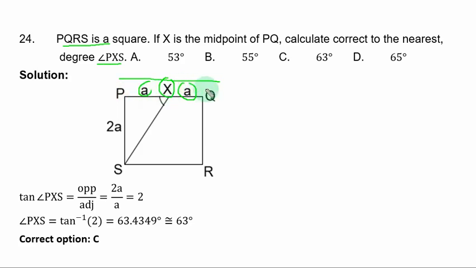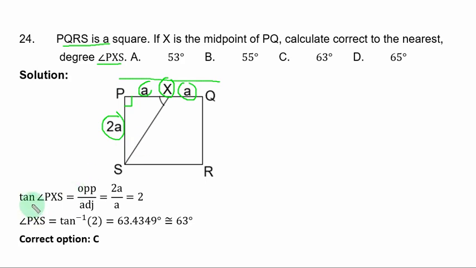If PQ is A plus A, it means PQ becomes 2A. You are asked to find angle PSR as marked. This is a right angle triangle. So we can use tangent because 2A is facing the needed angle and A becomes adjacent because SR is the hypotenuse.